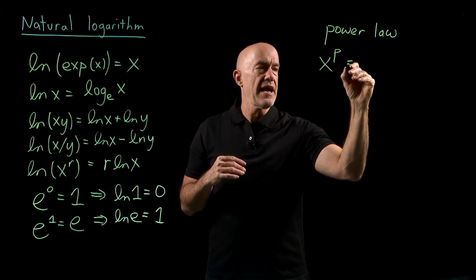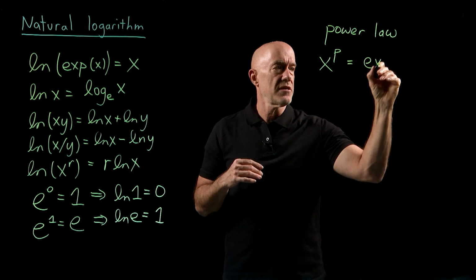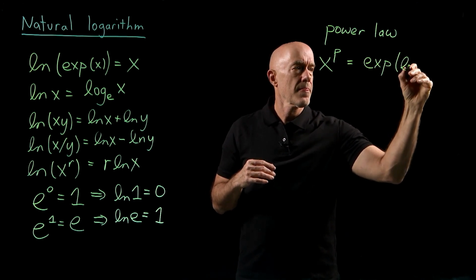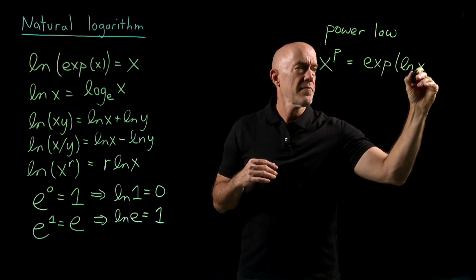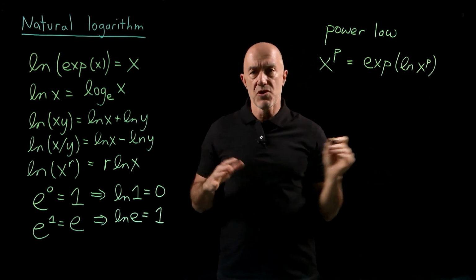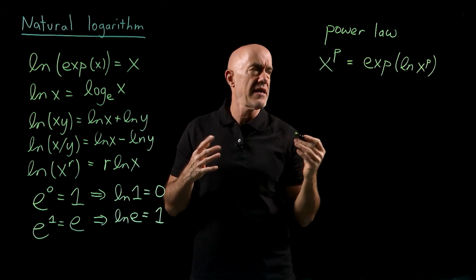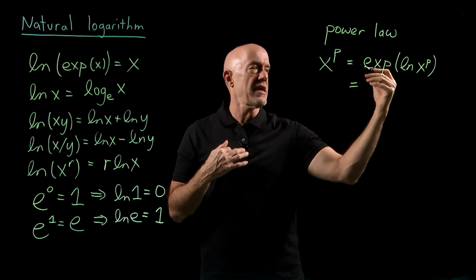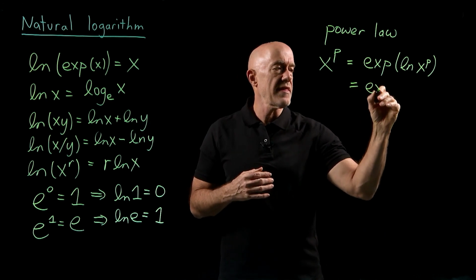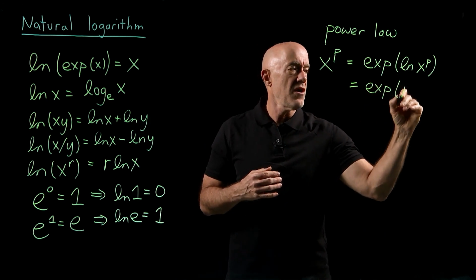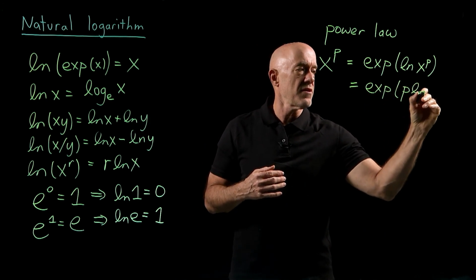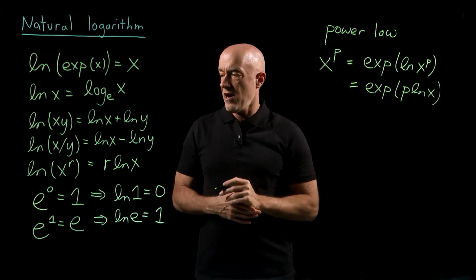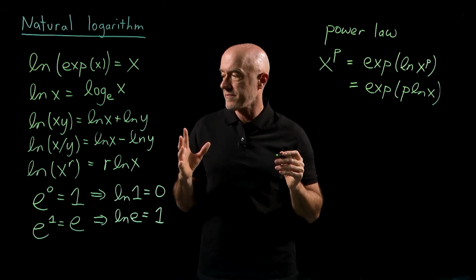We can write that as the exponential function of the natural logarithm of x to the p. Let's say we don't know how to define x to the p, but we know how to define the exponential function and the natural logarithm. We can write that as the exponential function of p times the logarithm of x. So this gives us a very nice definition of a general power law.